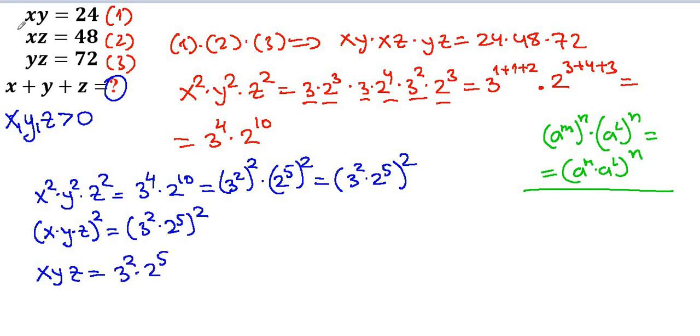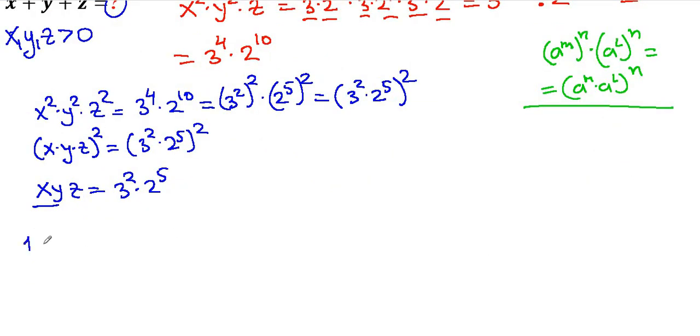So now note that xy is equal to 24, so therefore we can substitute 24 for xy in the first equation. The first equation is 24 times z is equal to 3 squared times 2 to the power of 5. So here we can easily find z.